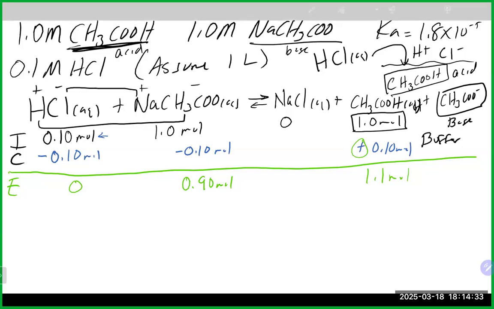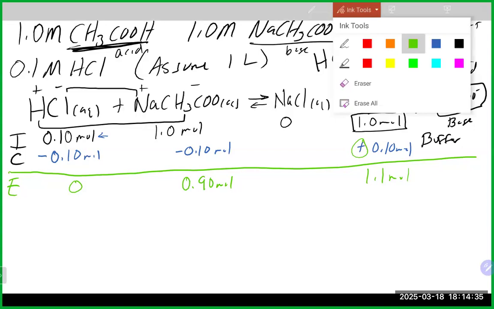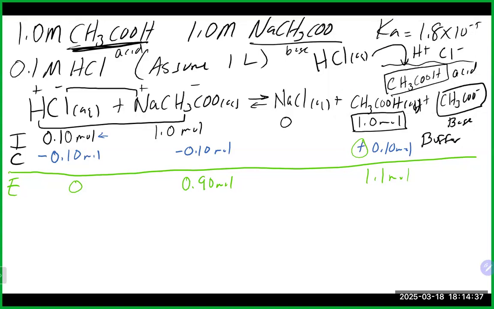Now, as I mentioned before, because we're adding volume, we do need to do this ice table in moles. At this point, it's really good practice to convert these moles back to molarity. In this case, what you would be dividing by is the total volume. That would be the volume of the buffer you started with and the volume of the acid we added.